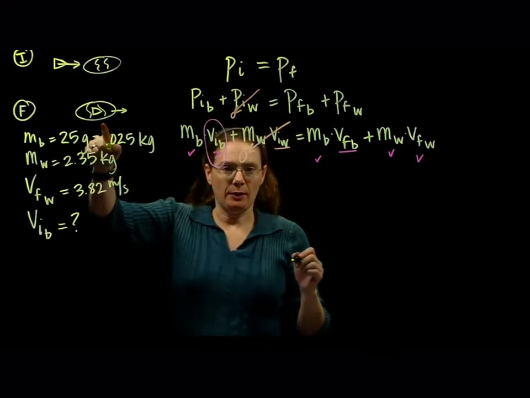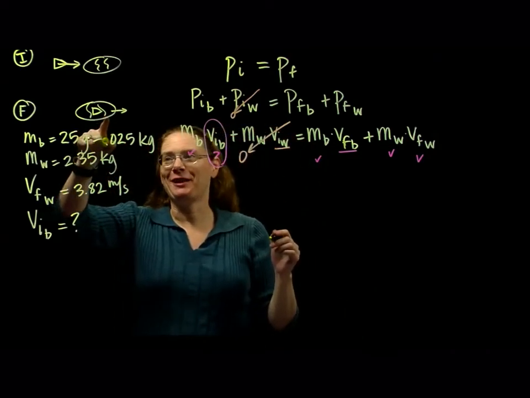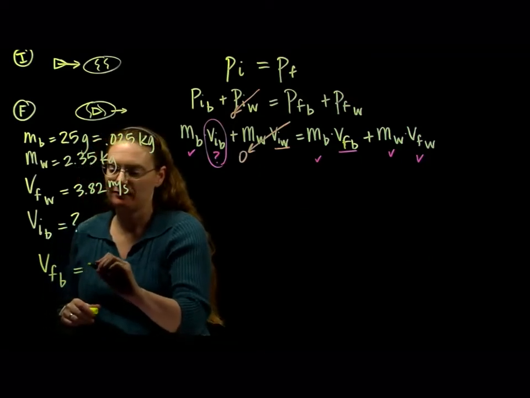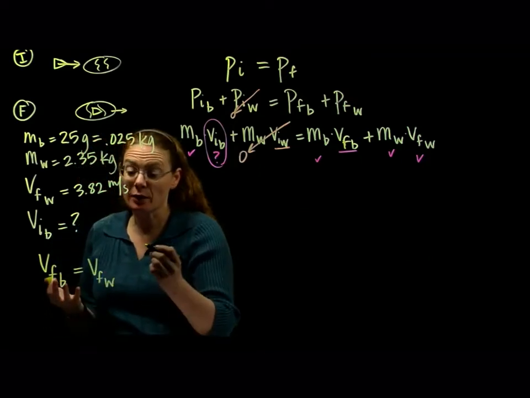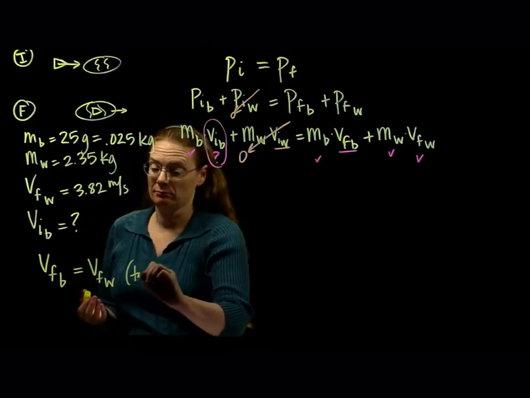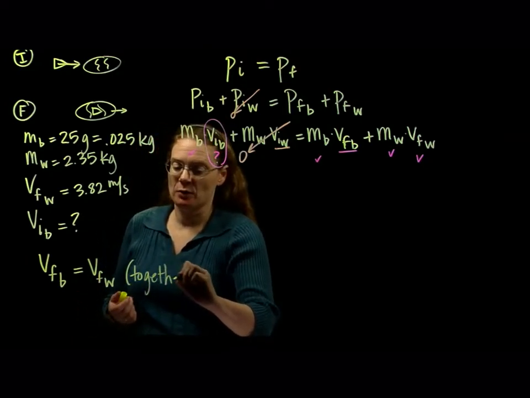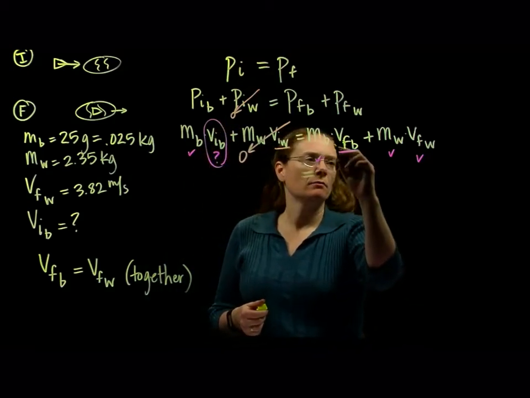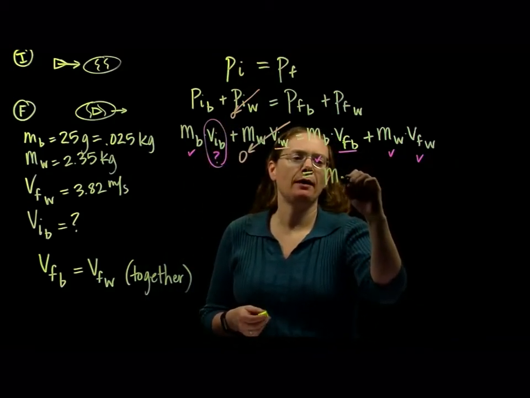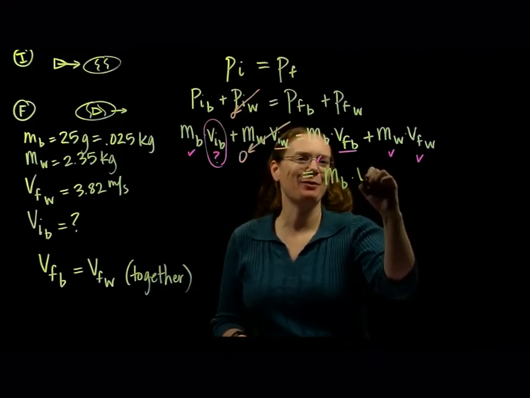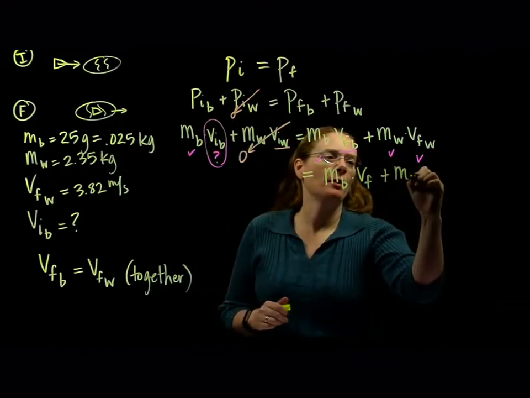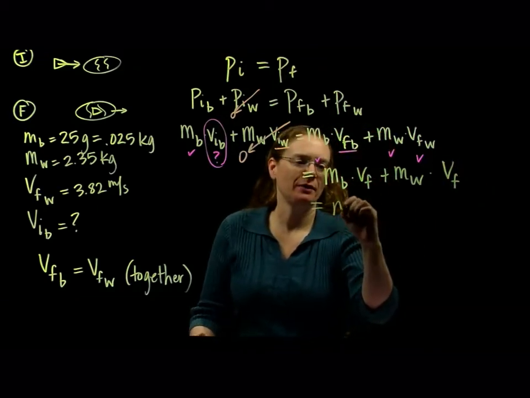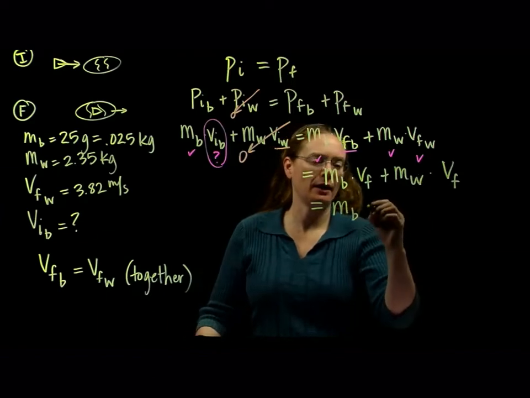And then you look at this picture and you say, we know the final velocity of the bullet, right? The final velocity of the bullet has to equal the final velocity of the watermelon because they're together. They are squished together, so they better have the same velocity. So on this side, I can say those are the same, which means I have M_B times V final plus M_W times V final, and I'm just going to factor out that V final.